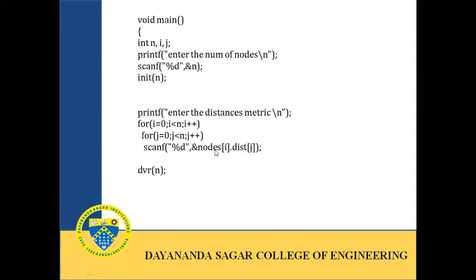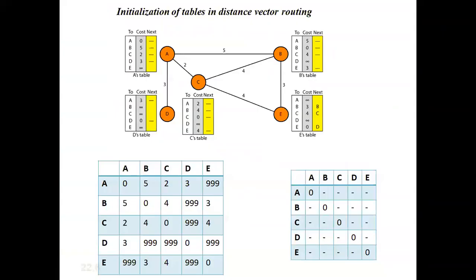Once the distance matrix is collected, this row entry will be stored in this format. And this array indicates the distance matrix, and this indicates the next hop entries. This is the initialization part of the distance vector algorithm.